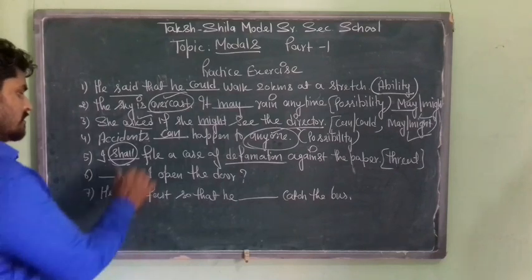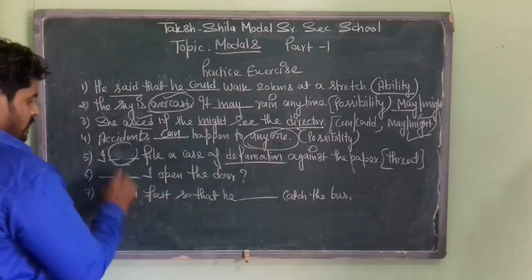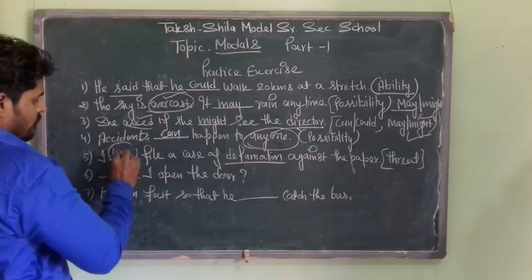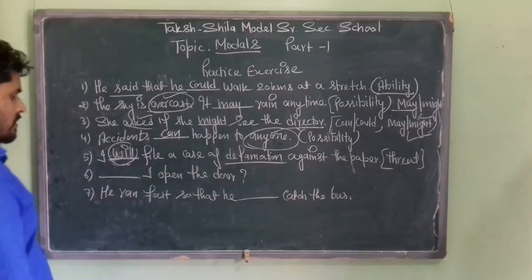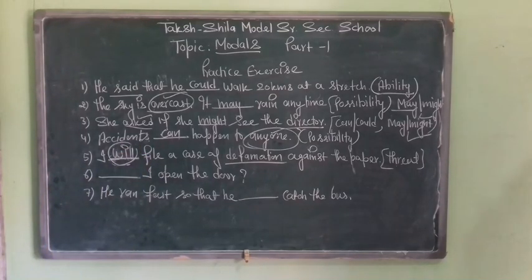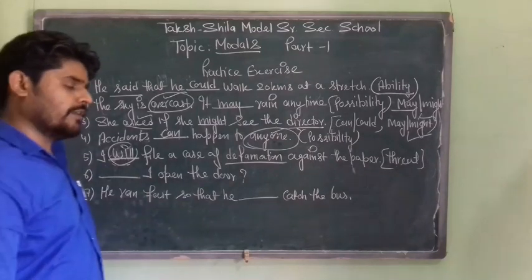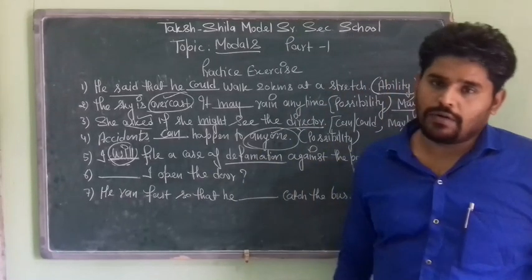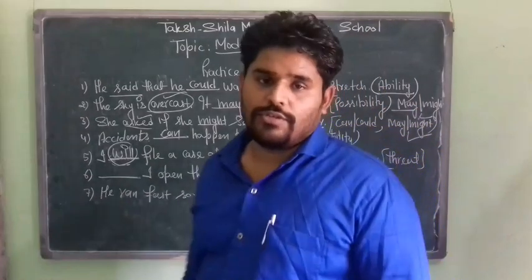If you want to express the idea of threat, we use what? Will with it. So we will say, I will file a case of defamation against the paper, because if I use only I shall, this shows only simple future, only an incident that will happen in future.